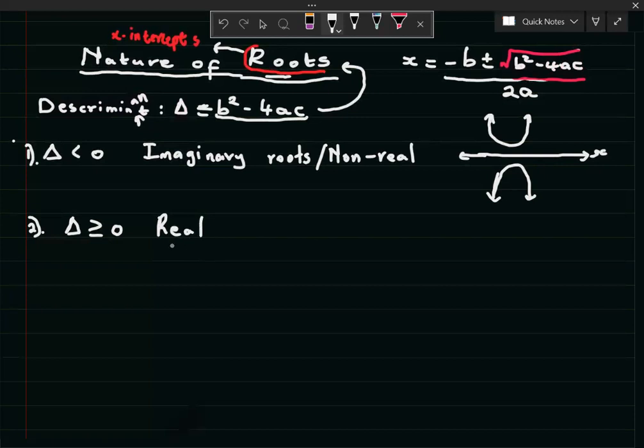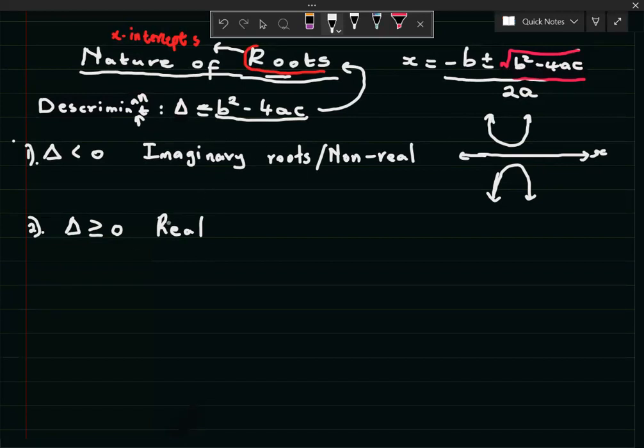By real roots, we mean we're going to be touching the x-axis. Remember, roots are x-intercepts; I'm going to repeat this over and over so that it makes more sense to you. Our roots are real because we're going to have a positive number or 0 inside the square root, which is going to give us an answer when we press it on a calculator.